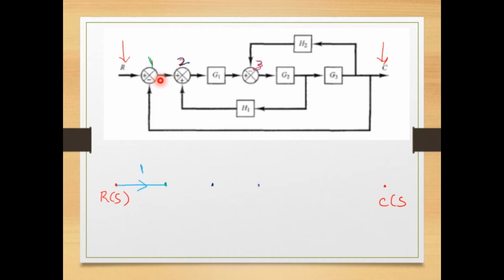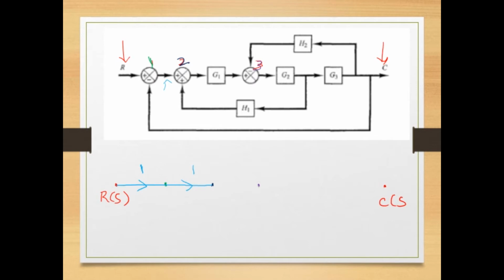Likewise, between first summing point and second summing point, there is no block, but there is a path, okay, there is no gain. So again we represent this one here. Again the branch gain is 1, right?